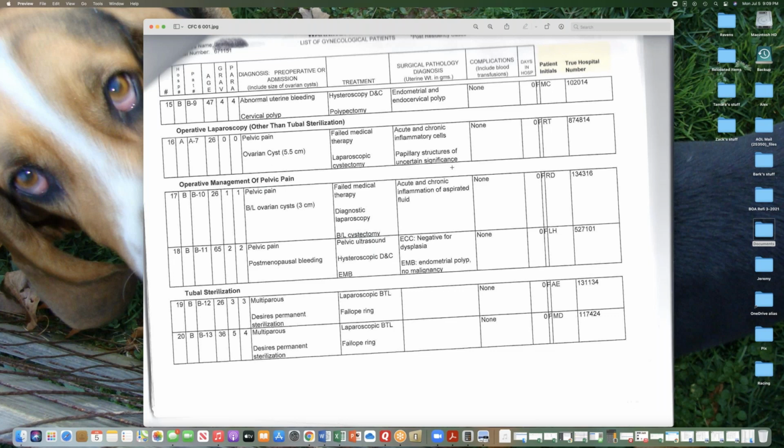And when you get to pathology, since we're talking about how to be brief, if you did a hysterectomy, you can put uterus, 158 grams. Cervix, endometrium, fallopian tubes - benign. If there's a fibroid there, you can put myoma - benign.